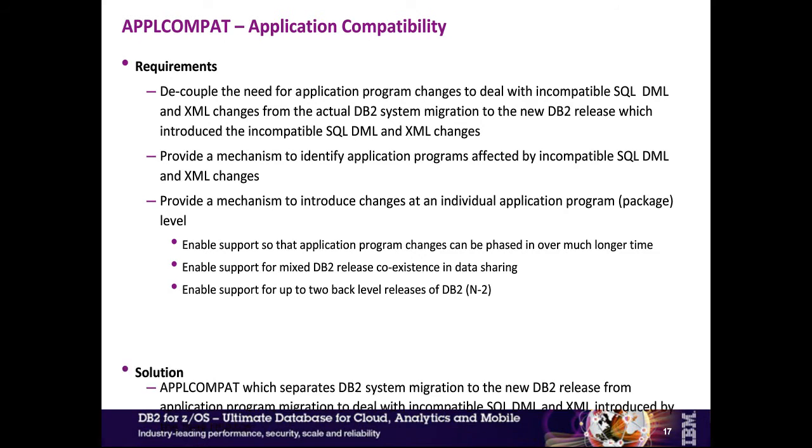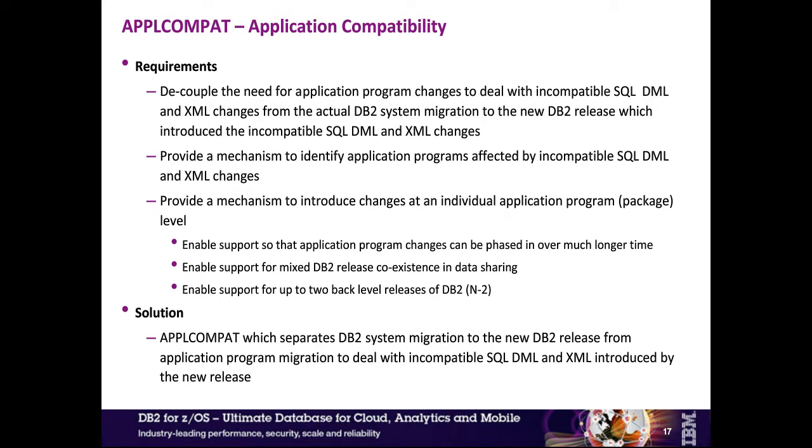So the end result of this is a new feature called Application Compatibility, which divorces or separates the DB2 system migration to the new release of DB2 from making the application program changes to deal with incompatible SQL, DML, and XML changes. Now let's turn to slide 18.